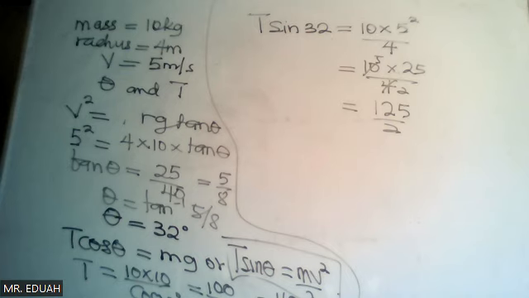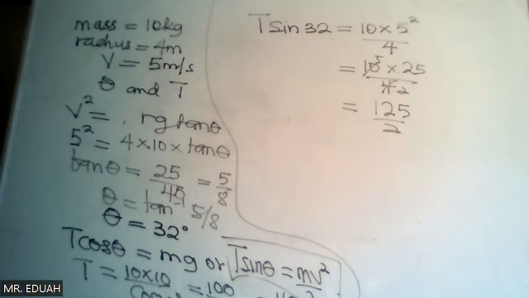A pendulum bob of mass 2.0 kilogram is attached to one end of a string of length 1.2 meter.